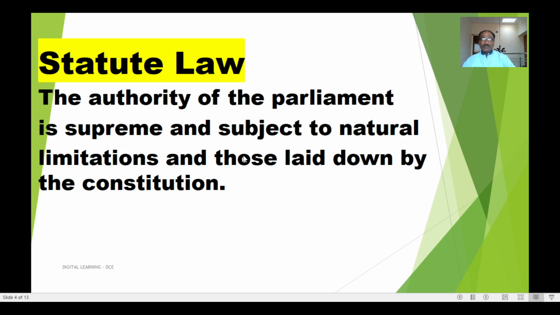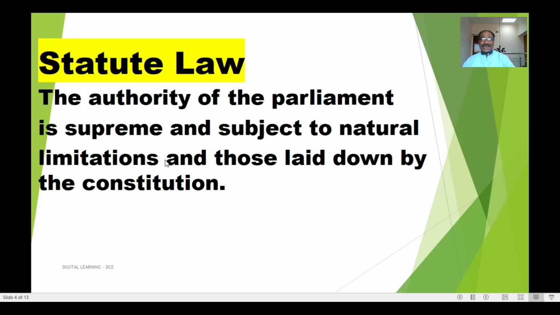So we must consider what limitations prevail in the Indian constitution and what type of rights are provided to the society. Keeping in mind the interest of the society and the limitations of the constitution, the statute law is to be made by the government, either the central government or the state government.